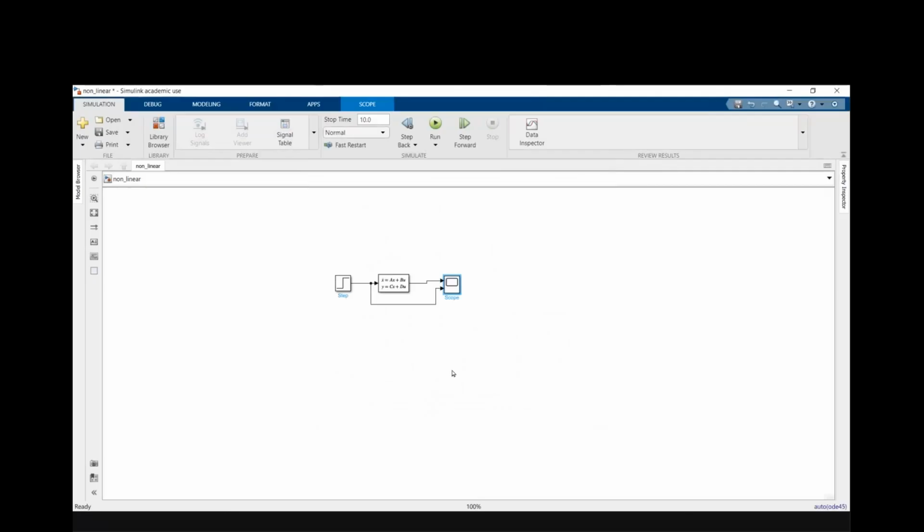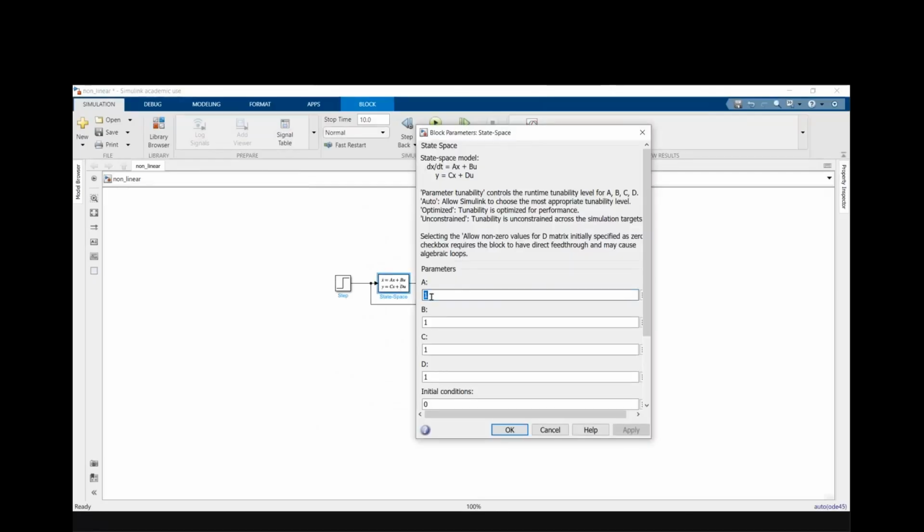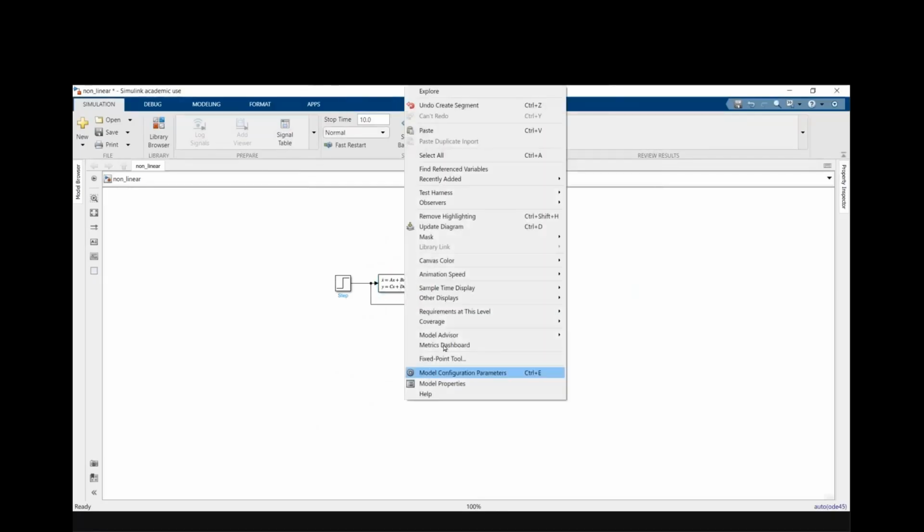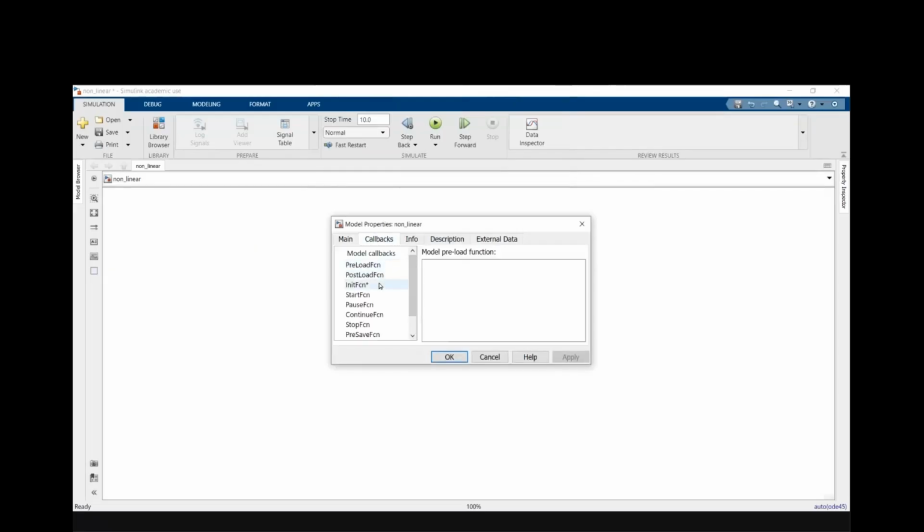Okay, then I'll do one thing. I'll manipulate these values. Right click, model properties, callbacks. Values, actually, I've got it. If you randomly give, it may not work. Okay, let us check this A matrix.